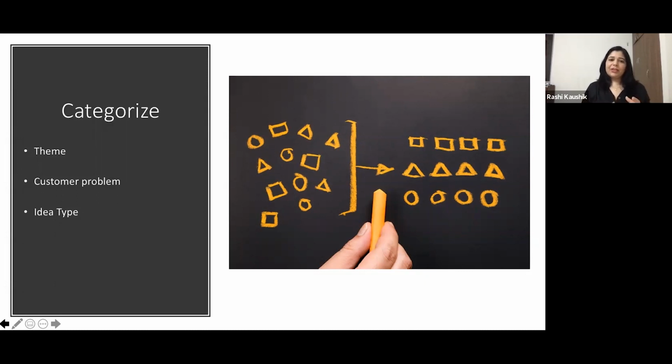You can also categorize based on some themes you might have defined initially, or if not, then this is a good time to define themes for your backlog. The idea here is not to get overwhelmed with the amount of ideas. Start slowly by reducing the noise and always keep a focus on your goals.